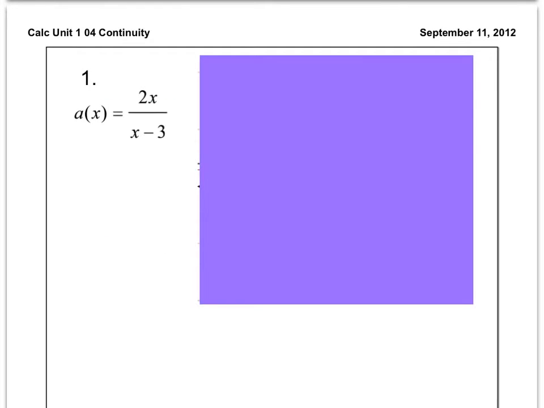When I look at A of x, I see a rational function with a vertical asymptote at x equals 3. I notice that the degree of the denominator and the degree of the numerator are both the same. Therefore, the horizontal end behavior or asymptote is y equals 2 because I look at the ratio of the leading coefficients.